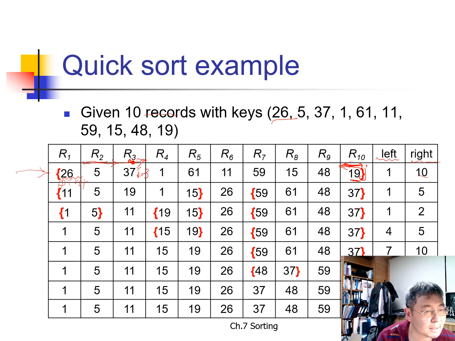So the I value and the J value, J value becomes 10. Okay, so we will swap this 37 and 19.